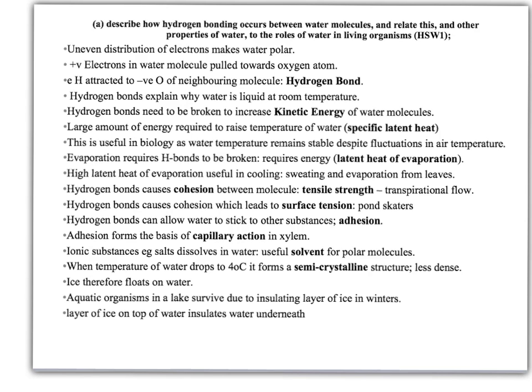So water below 4 degrees centigrade starts to rise rather than sink as you'd expect it to do, and it then forms ice which is lighter than the water, so the ice forms on top of the water, which again has impact for living organisms. It means that organisms in winter can survive in lakes and so on because the ice forms on the top rather than the bottom, and that layer of ice insulates any water underneath.